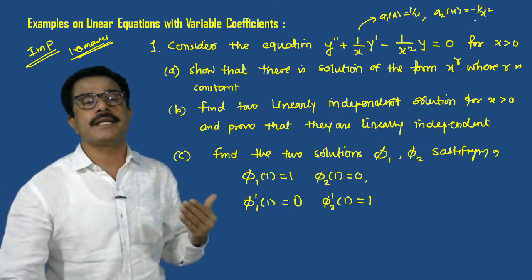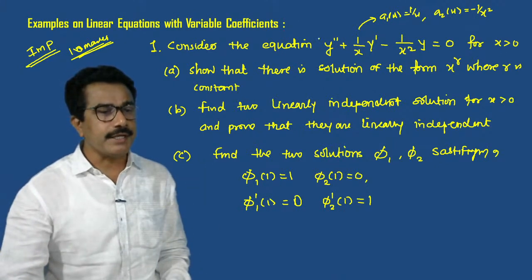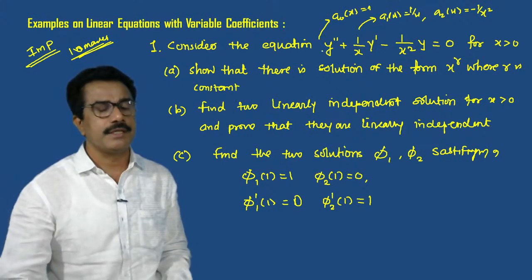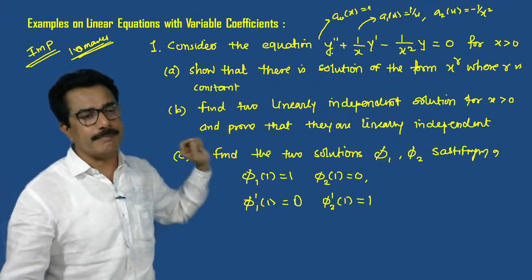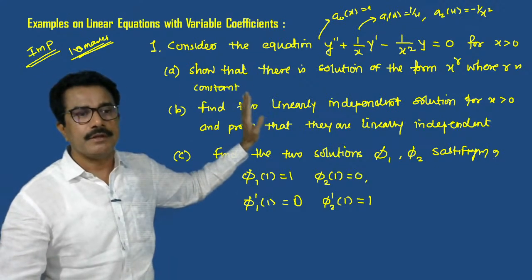These are the variable terms, such that x is greater than 0, and here a naught of x is equal to 1. See this, a naught of x equals 1 means this is the homogeneous differential equation of order 2.